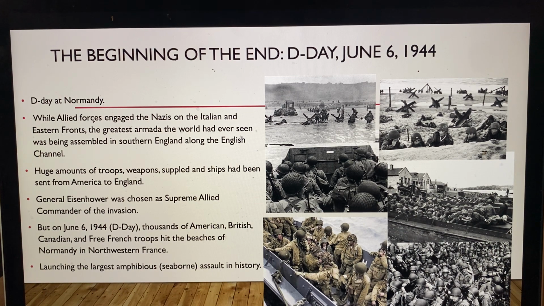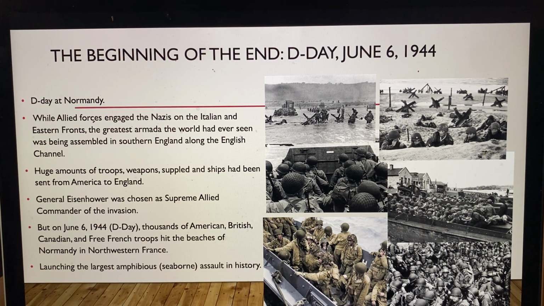While the Allied forces engaged the Nazis on the Italian and Eastern fronts, we talked about Italy and Russia, now the greatest armada the world has ever seen was being assembled in southern England along the English Channel. So along the English Channel, Americans were coming in. We were bringing our soldiers into England to fight this war.